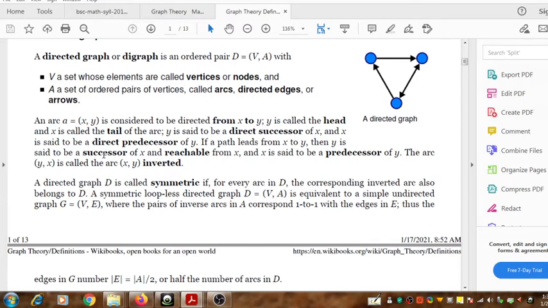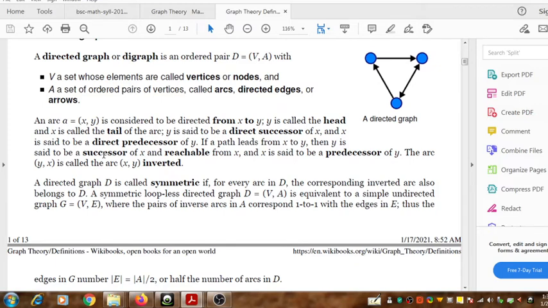And y is called the head and x is called the tail of the arc. Here we say that y is a direct successor of x and x is said to be a direct predecessor of y.